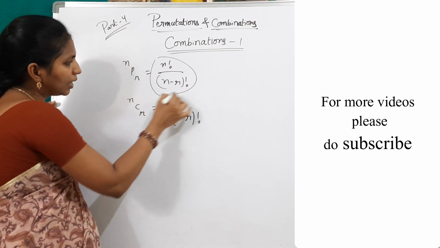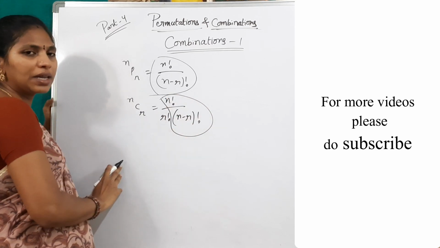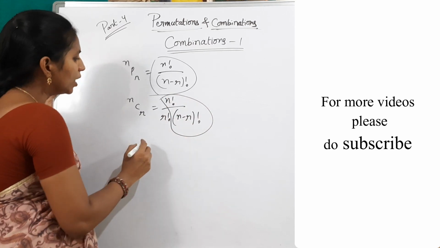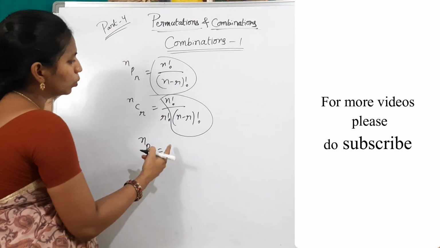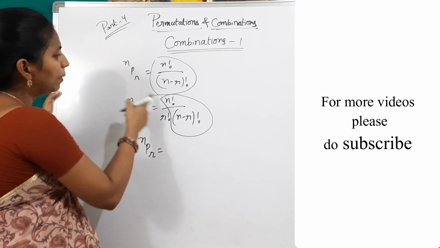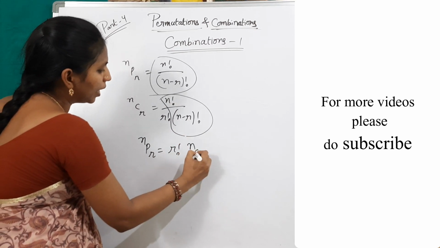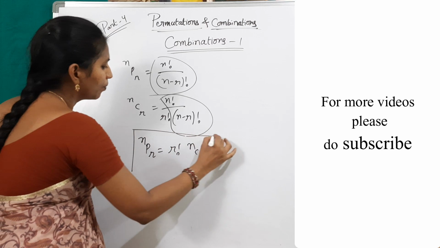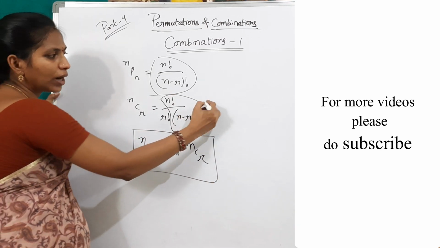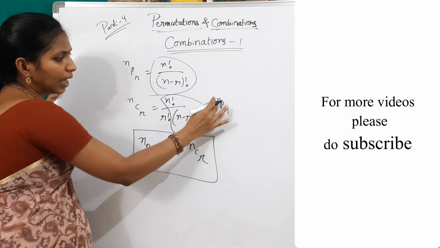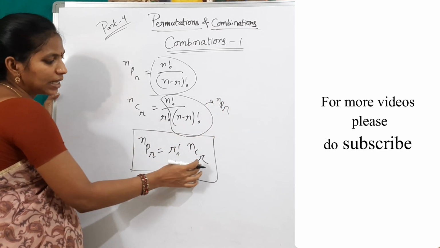This part is common in these two formulas: n factorial by n minus r factorial. So we can write NPR is equal to r factorial into NCR. Yes or no? NPR equals r factorial into NCR.